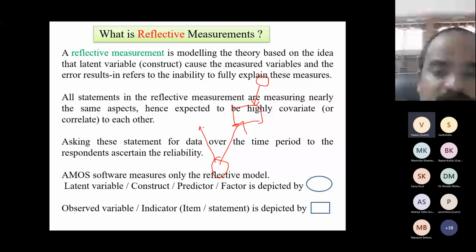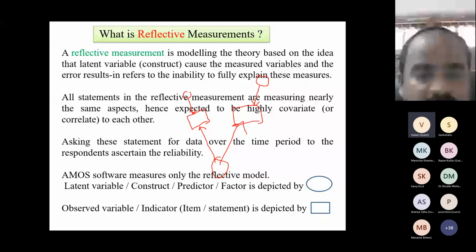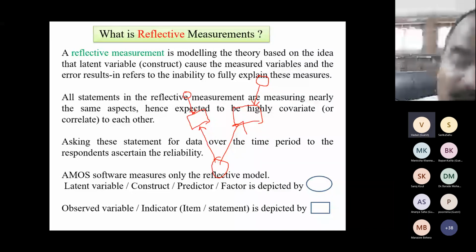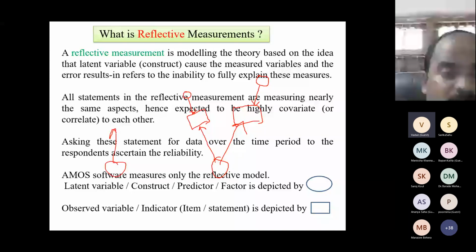Again the same logic, it cannot cause the indicator fully, so again there will be an error term added here. Likewise, you can go on putting the number of indicators you have identified through literature review. You can identify them first, then assign them to that particular construct. This is for one construct. Likewise for other constructs, you can show it. So I have shown you the 5 constructs CFA.